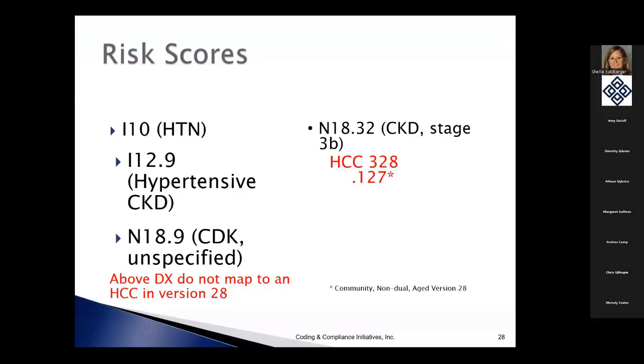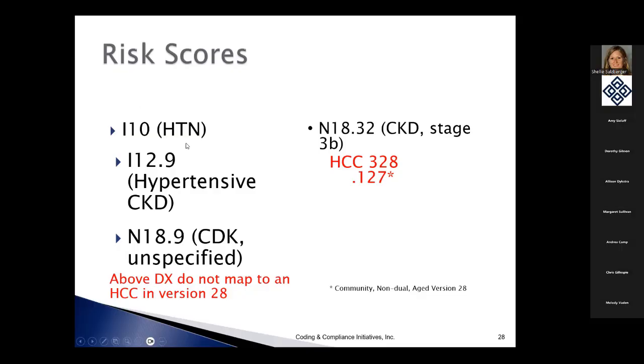Let's go with hypertensive chronic kidney disease, but providers report I-10 and N18.9 because we just pulled from the problem list, right? On this visit, you are going to get 0 credit in value-based care. 0.